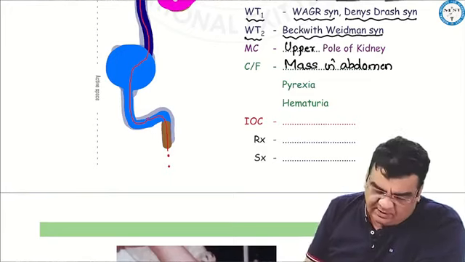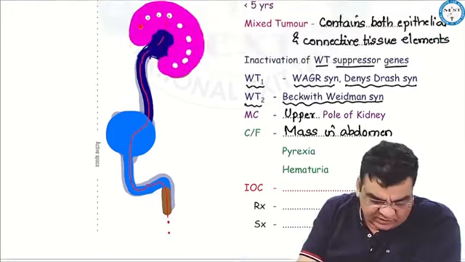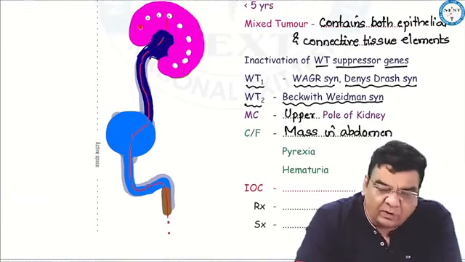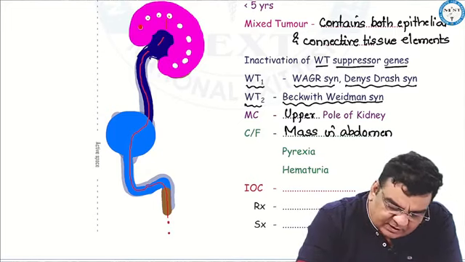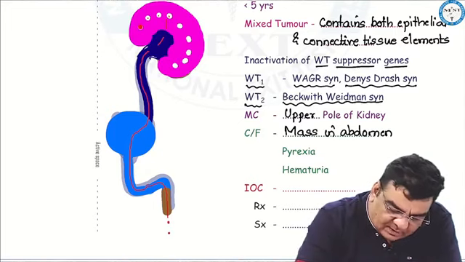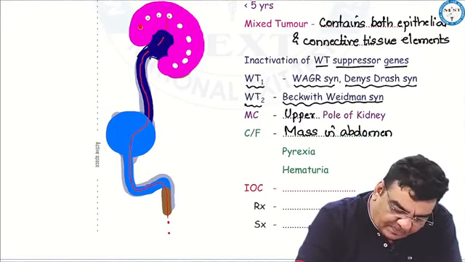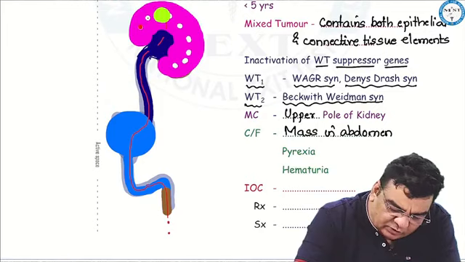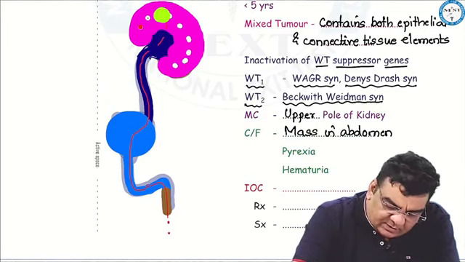Investigation of choice for tumors which are growing in the outer part of kidney. Look at the screen here. Suppose I say that there is a tumor which is growing in this part, and if you are doing an endoscopy, beta, you would be passing the endoscope like this.